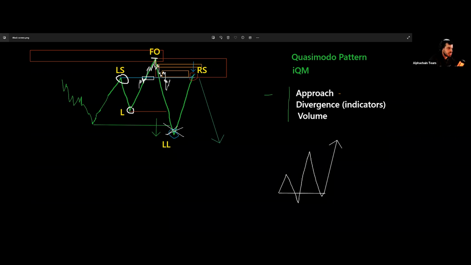You actually can start looking for setups in here at around this level or this level, as soon as you break this demand zone. So as soon as you break this level, you can start looking for that short, at least your first target is in here. And then maybe there's the potential that you are going to have the biggest Quasimodo pattern that I just drew in here in green.